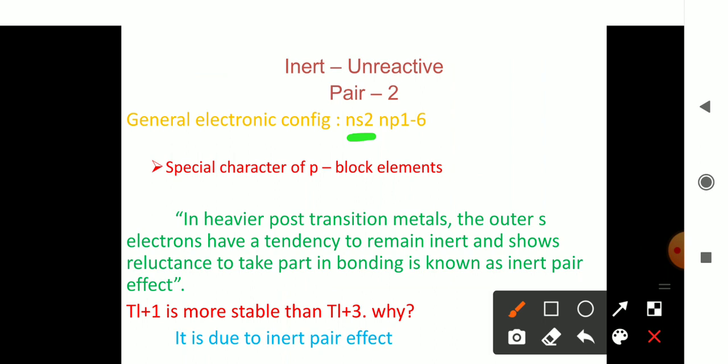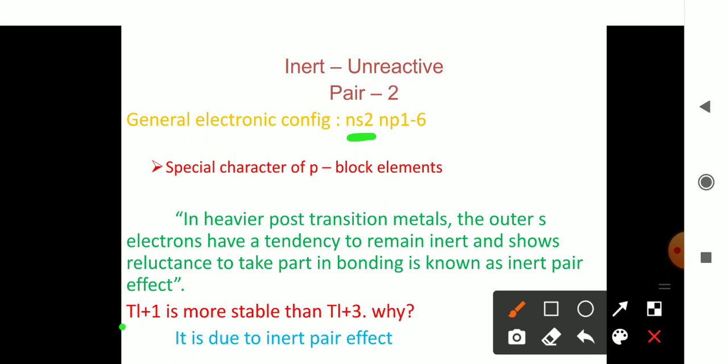It is shown mainly by heavier post transition elements of the P block: the inertness of the pair of electrons present in the s orbital. Let me read the definition once more: in heavier post-transition metals, the outer s electrons have a tendency to remain inert and show a reluctance to take part in bonding, and it is known as inert pair effect.